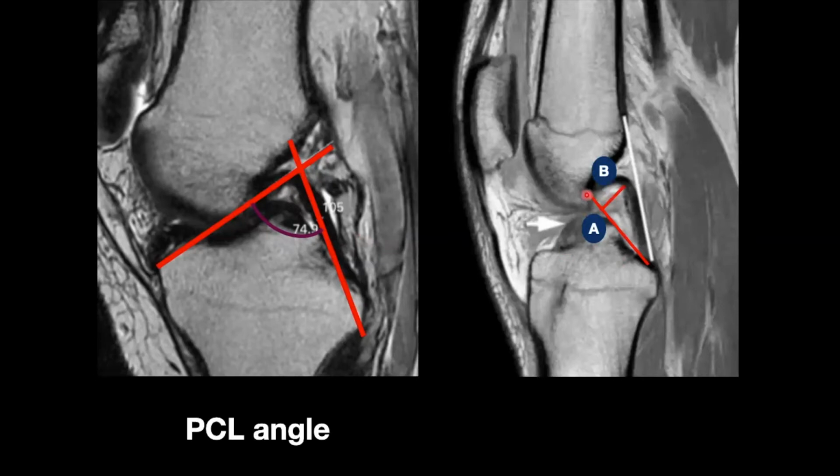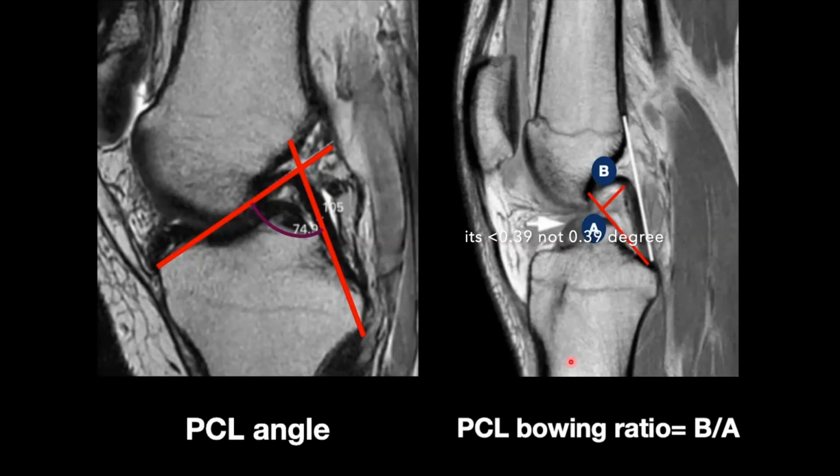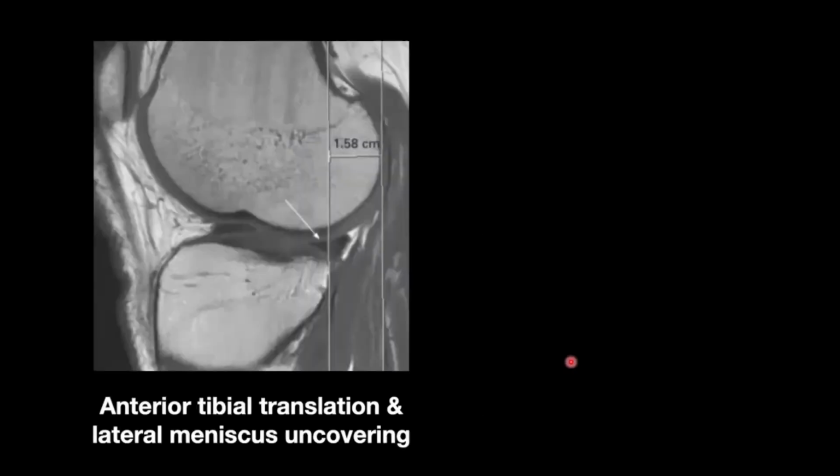We draw a line from the femoral attachment of the PCL to the tibial attachment of the PCL, and we drop a perpendicular to this line from the most acutely bent part of the PCL. So the PCL bowing ratio is this B to A, and it is usually less than 0.39. If this is more than 0.39, that is a positive PCL bowing ratio and an indirect sign of ACL injury.